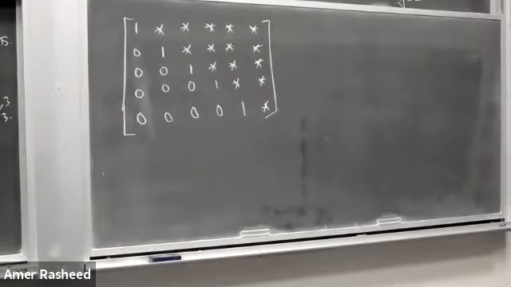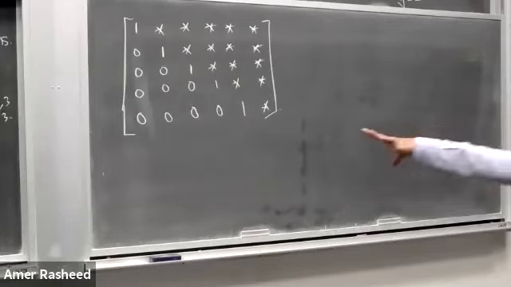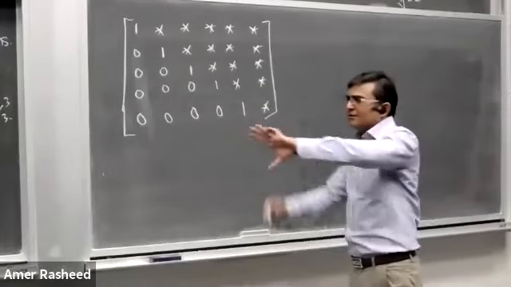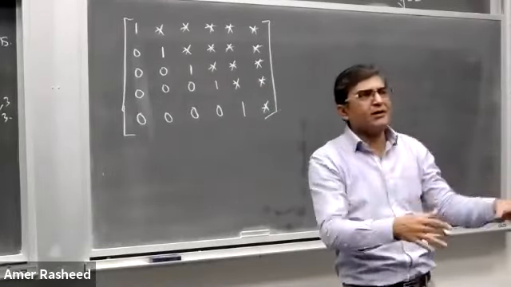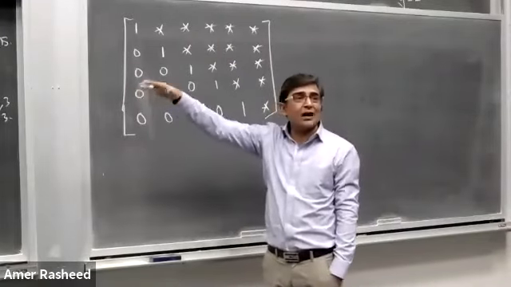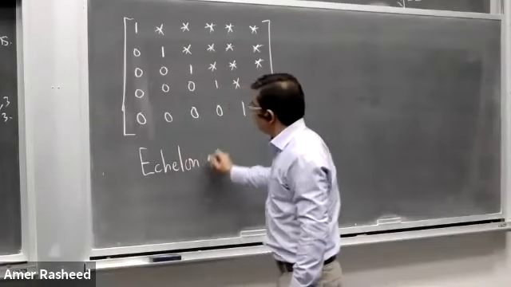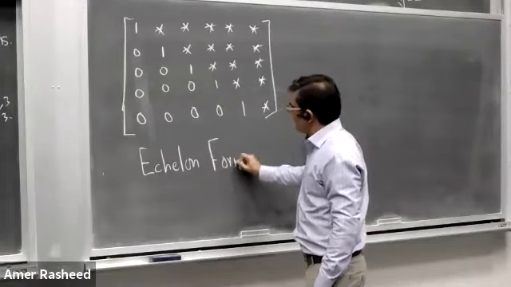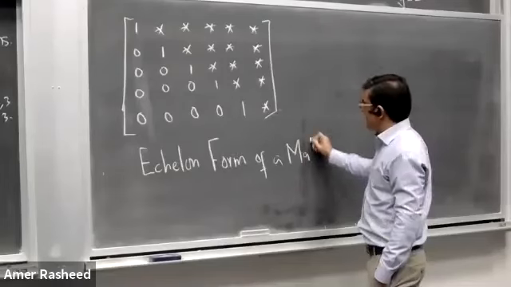This is how we are going to convert the original linear system. You have to write it first into an augmented matrix, and then you have to reduce that augmented matrix into this form. And this is called echelon form of a matrix.